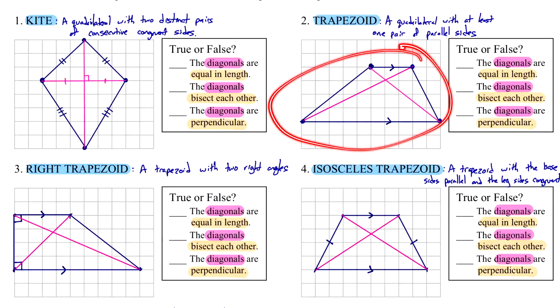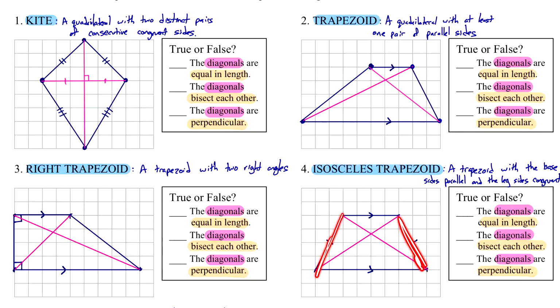So this one I've tried to draw in a way so it doesn't look like an isosceles, compared to the isosceles, where I made sure these two sides were the same length. And in the right trapezoid, you'll notice the right angles on the left. So a trapezoid with two right angles is our definition for a right trapezoid. So those are our three trapezoids. They all have one pair of parallel sides.